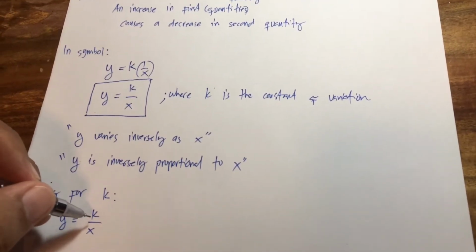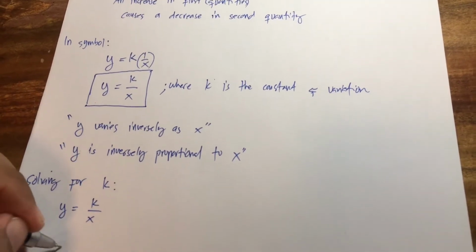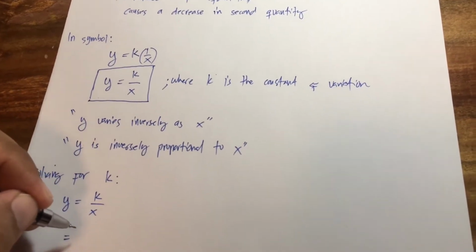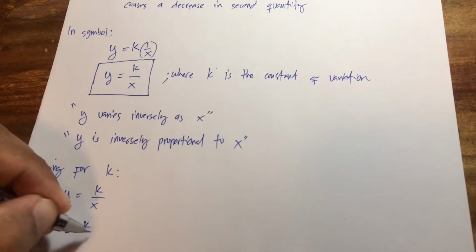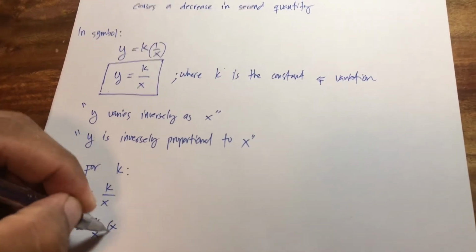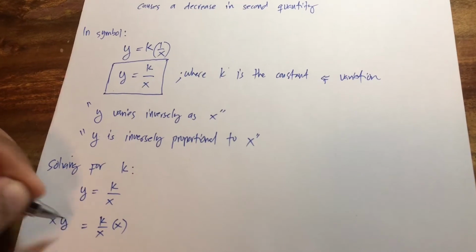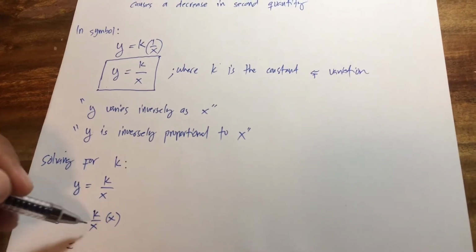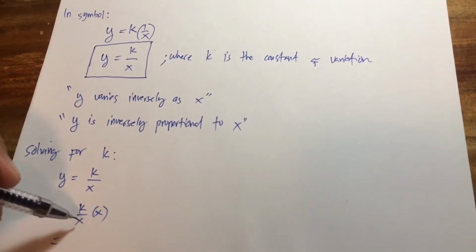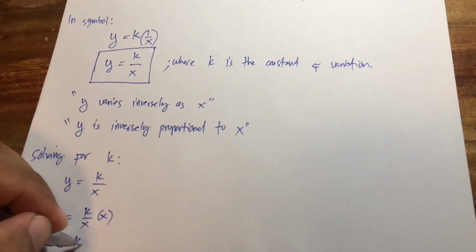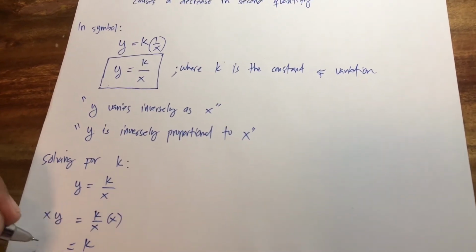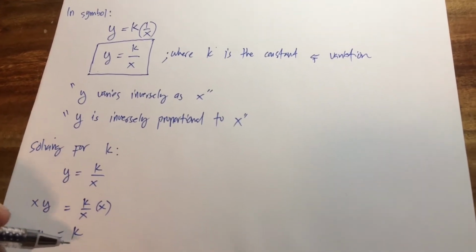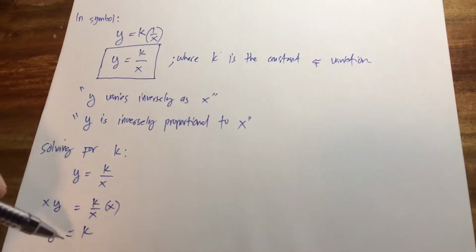To solve for k, we will eliminate x in the denominator. By the multiplication property of equality, we can eliminate x by multiplying both sides by x. So x times y on the left side, and on the right side we can cancel the x in the numerator and denominator. So k times x over x, what is left is k. So xy equals k. This is how to solve for k.